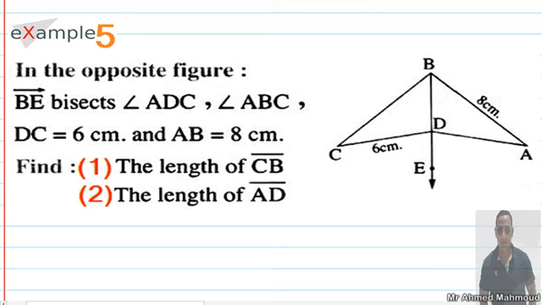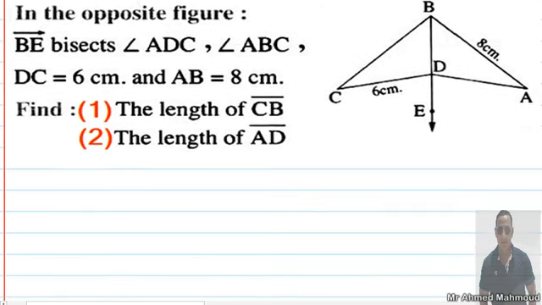Example 5, here in the opposite figure we have BE bisects angle ADC. Okay, then this angle equals this angle, and for ABC, this angle equals this angle.